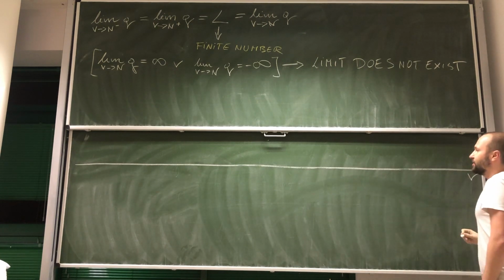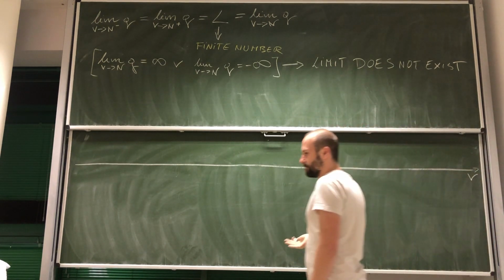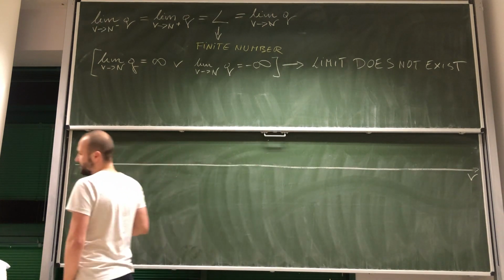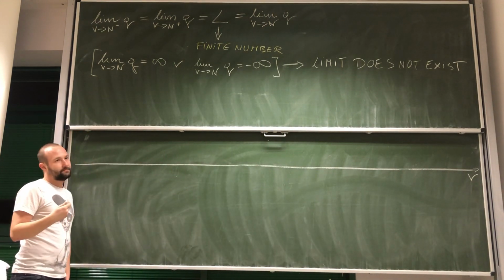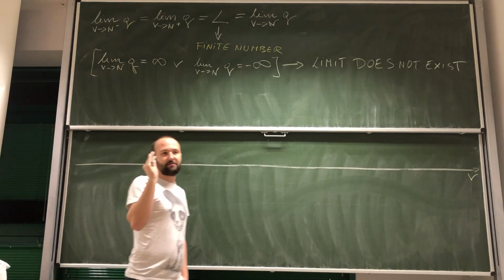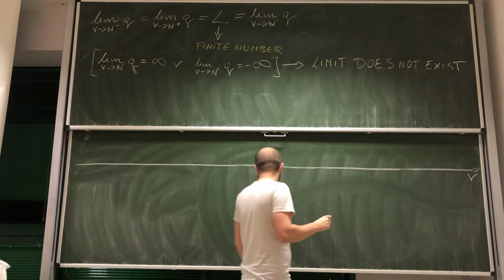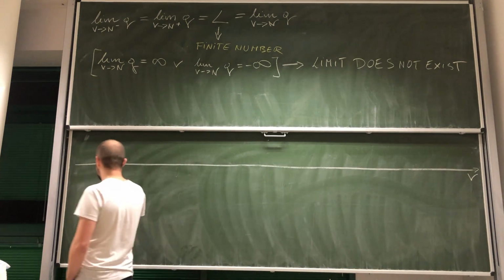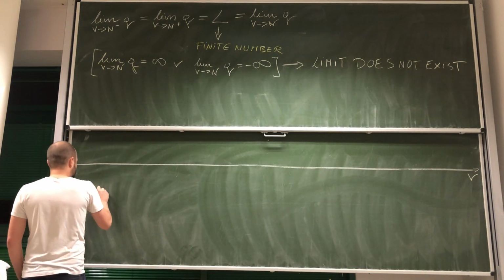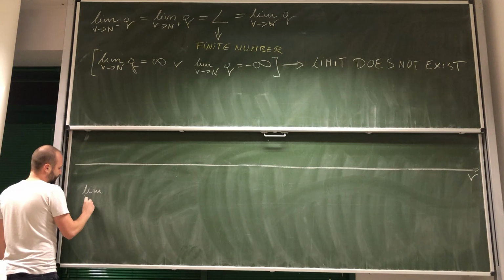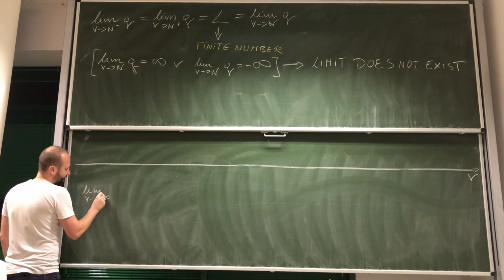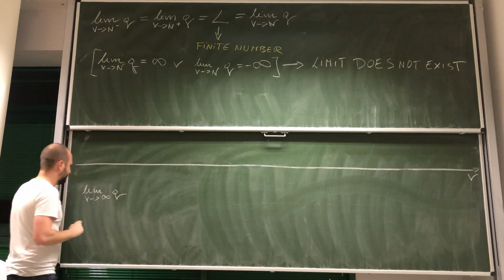And our n doesn't need to always be a specific constant. For example, let's say that I want to calculate the limit with v approaching infinity of q.